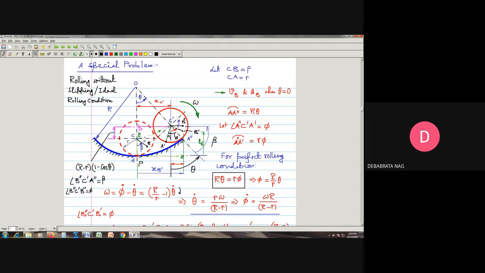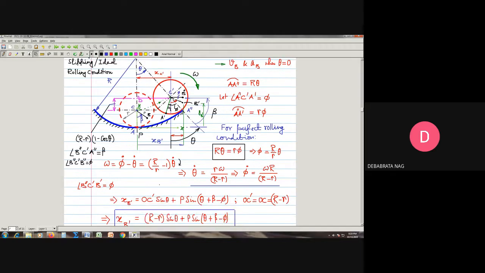This c dash b dash sine of this angle, that means sine of theta plus beta minus phi. So therefore I can say that xb dash will be equal to xc dash, I am explaining it a little later, plus it is rho into sine of theta plus beta minus phi.